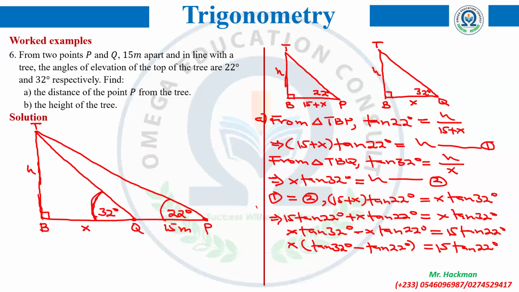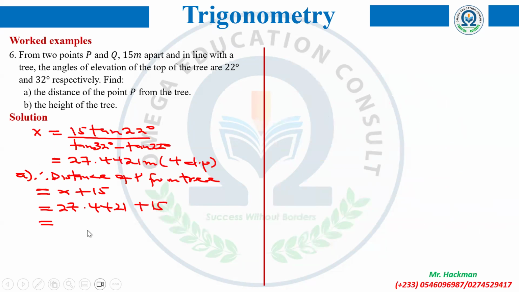I hope you are with me that, remember, we were able to recognize this distance as X plus what? That's the distance of P from the tree. This will be the distance we are looking for. So it will be 15 plus this or this plus X. So now let's go. 42.4421.